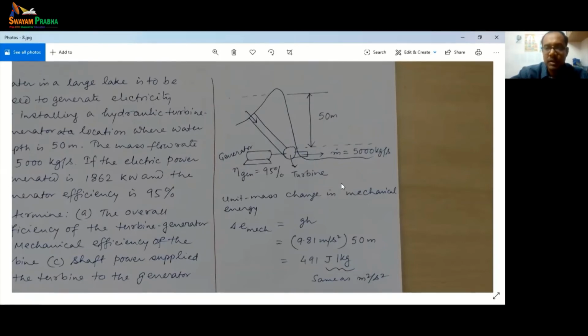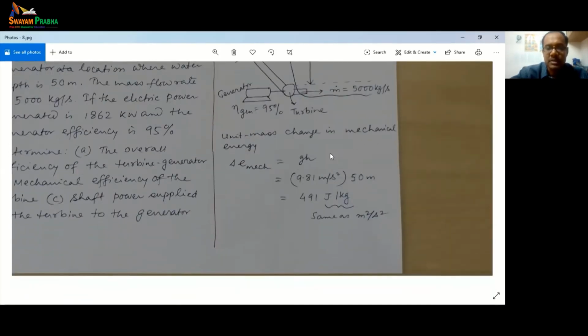No change in velocity at the inlet or outlet will be observed. Okay, and the pressure is also not considered, because the specific volume and pressure are not getting changed. The turbine is not changing the pressure, right? The only thing is the head that we have is lost. This potential energy head is calculated by gh.